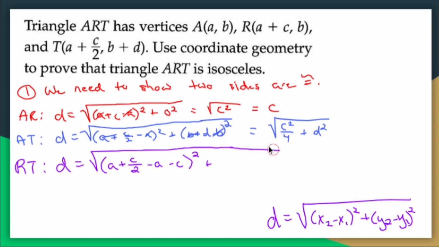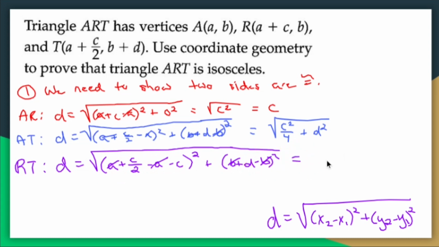Plus, I'm going to need more space on this one. B plus D minus B squared.